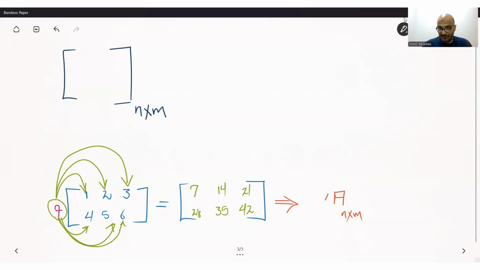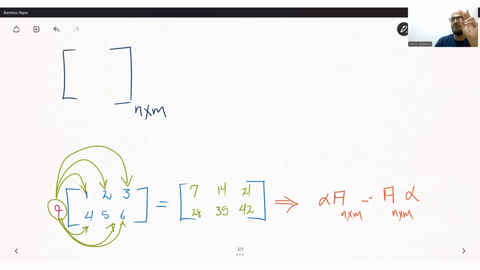Alpha times that matrix, which I did right now, is commutable with A, n times m multiplied by alpha. You see that 7 times the matrix is equal to the matrix times 7. They have a commutativity of a scalar with a matrix. Okay, this is rule number 1.